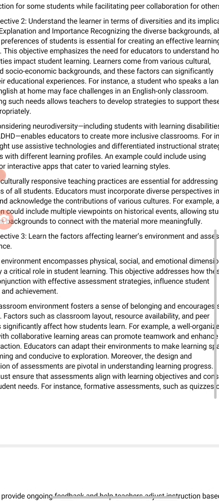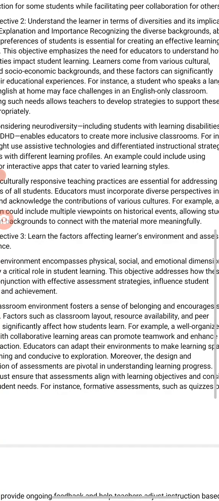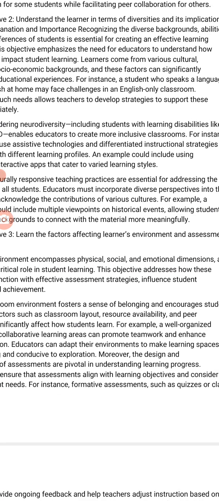It enables educators to create a more inclusive classroom. Dyslexia refers to students who find it difficult to express their thoughts in writing. They are not proficient in writing and speaking skills.